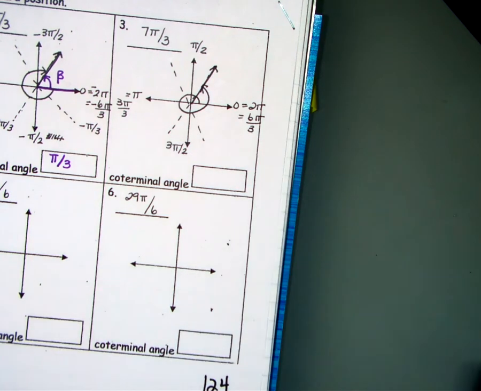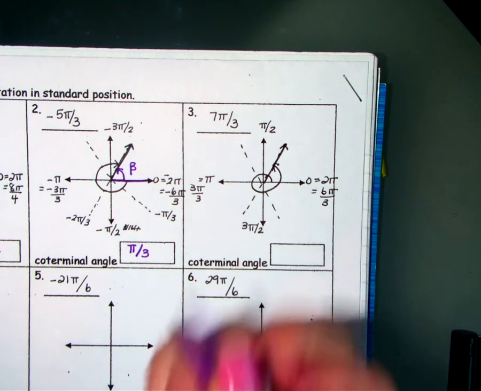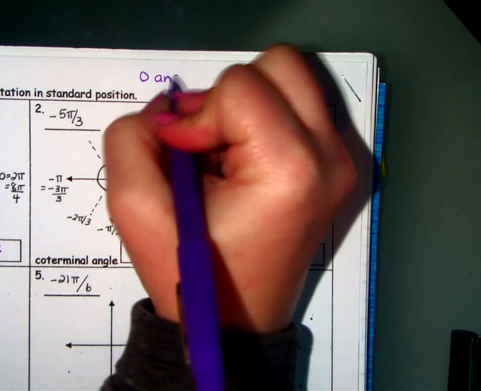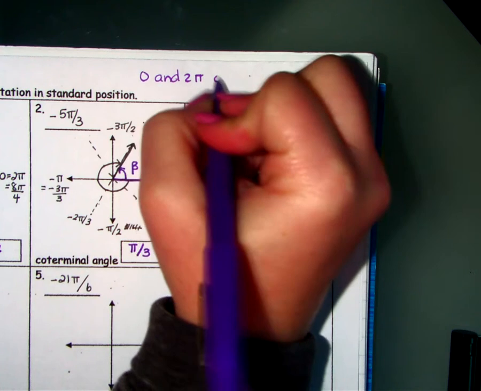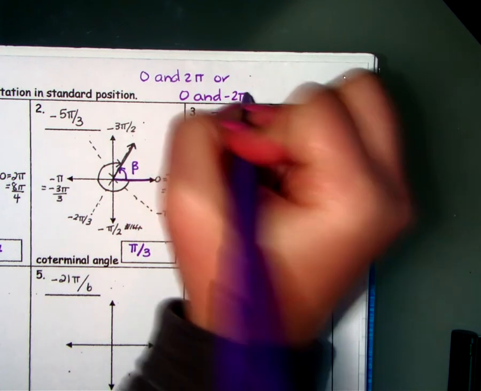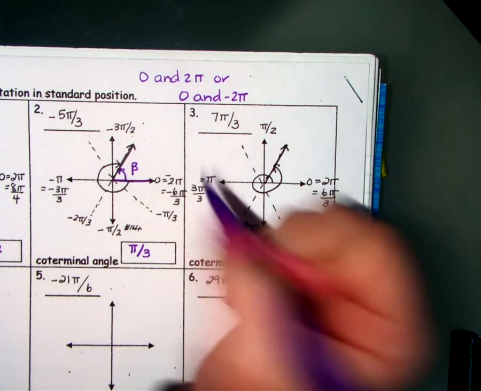All right. And again, I could also look at this in a variety of ways for a coterminal angle. When we're talking about coterminals, we tend to think about whether we can find an angle somewhere between 0 and 2 pi, or between 0 and negative 2 pi. So an angle somewhere in between these two spots.